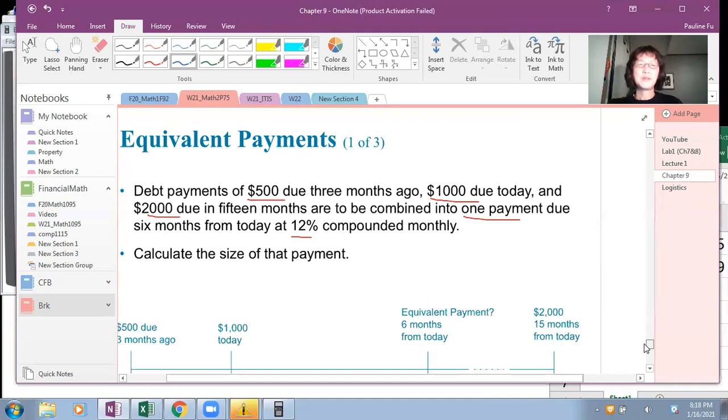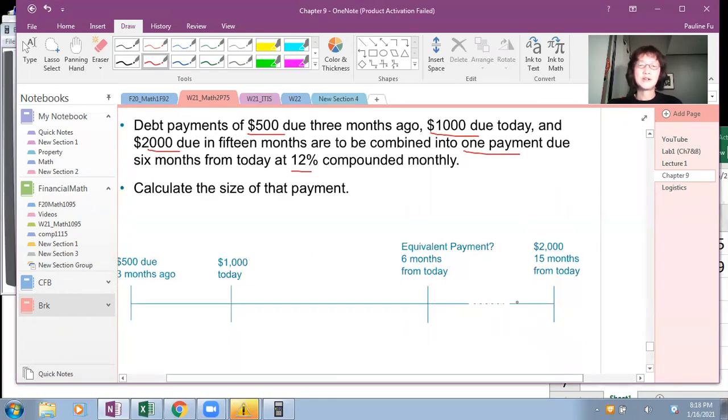So last topic, equivalent payment. Example, a payment of 500 due 3 months ago, 1,000 due today, 2,000 due in 15 months are to be combined into one payment due 6 months from today at 12% compounded monthly.